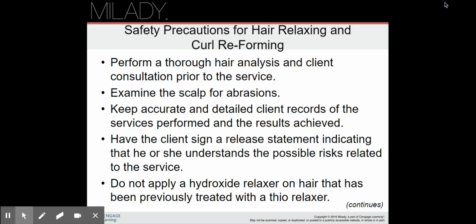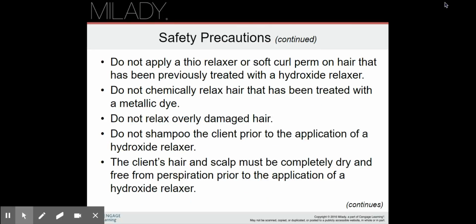Do not apply a hydroxide relaxer on hair that has been previously treated with a thio relaxer. Do not apply a thio relaxer or soft curl perm on hair that has been previously treated with a hydroxide relaxer. Do not chemically relax hair that has been treated with a metallic dye. Do not relax overly damaged hair.